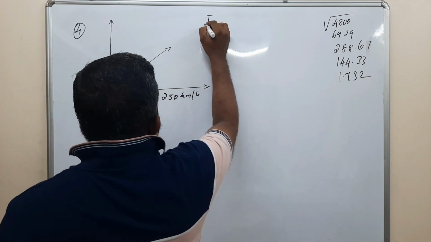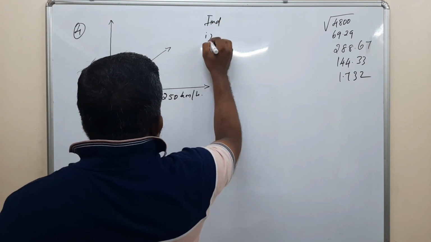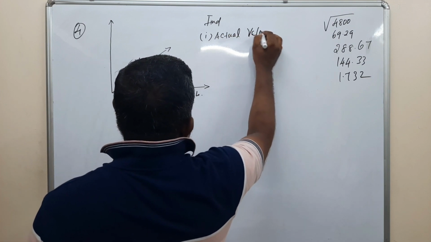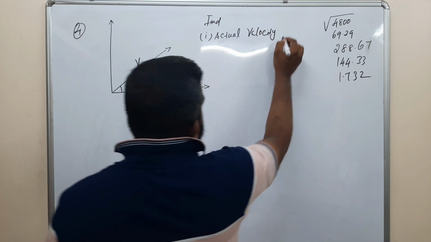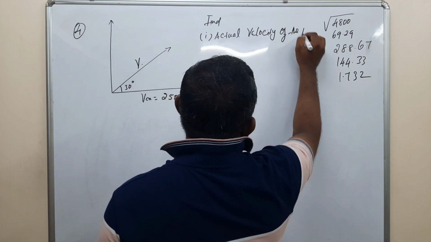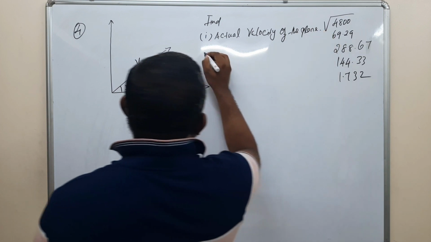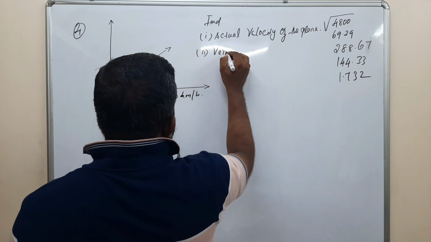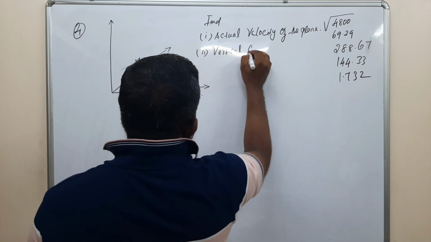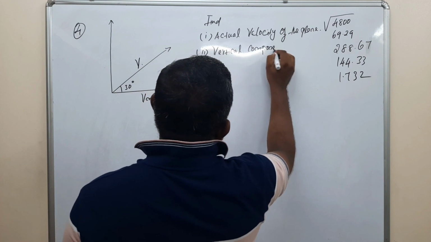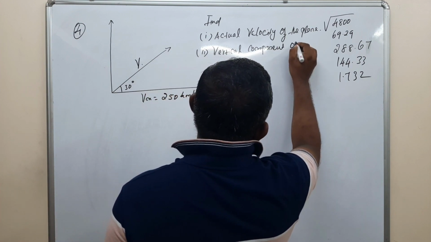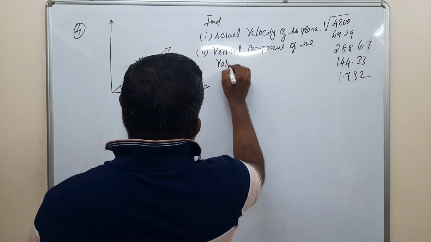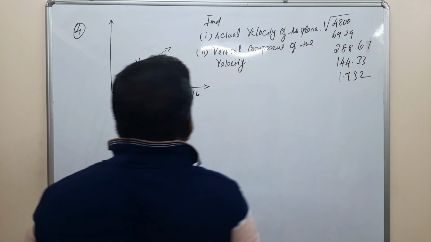So find one, the actual velocity of the plane, and two, the vertical component of the velocity. Okay, so this is the question.